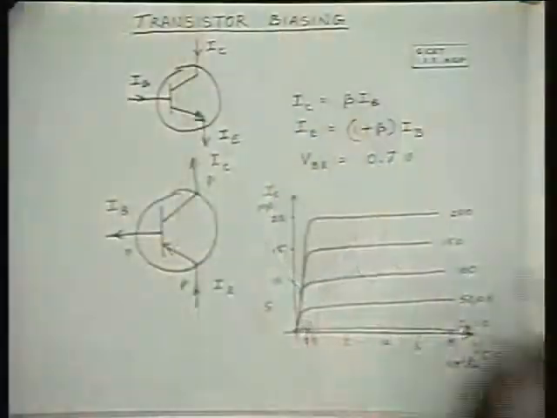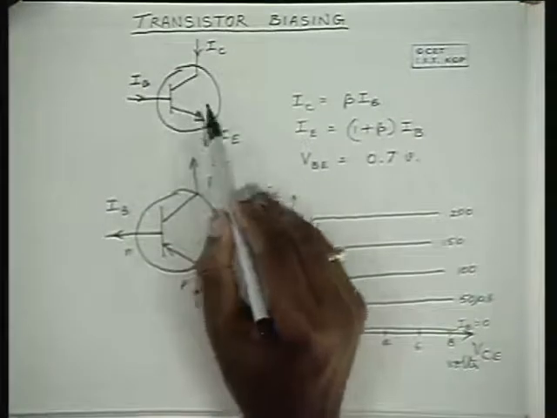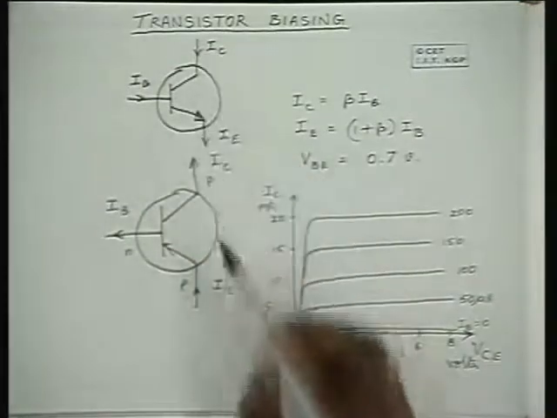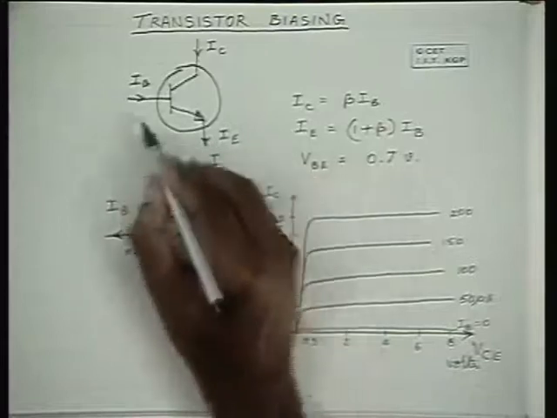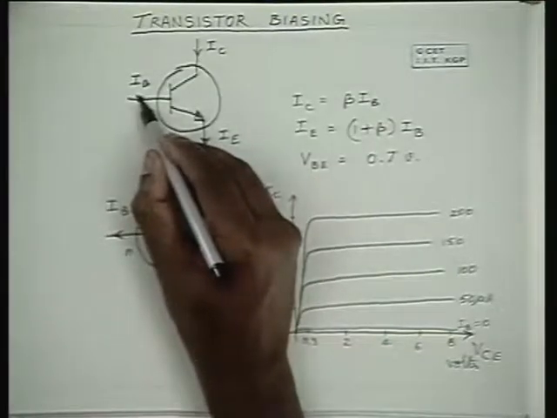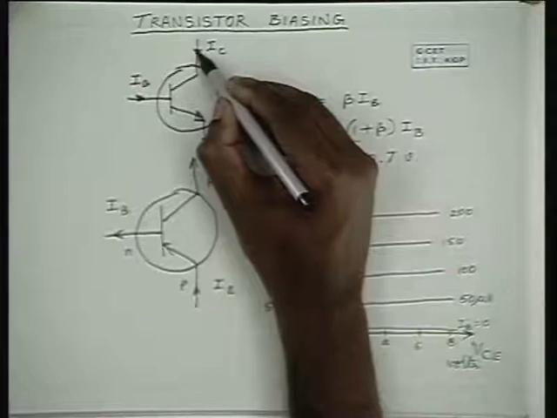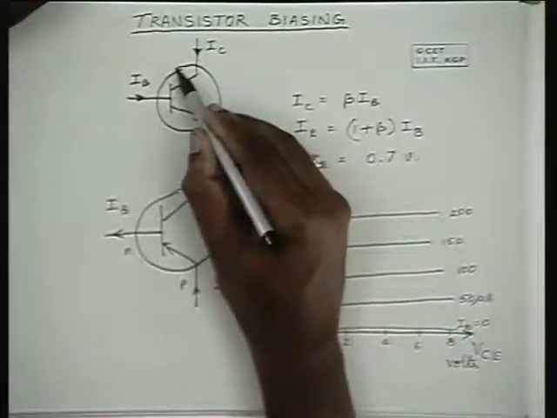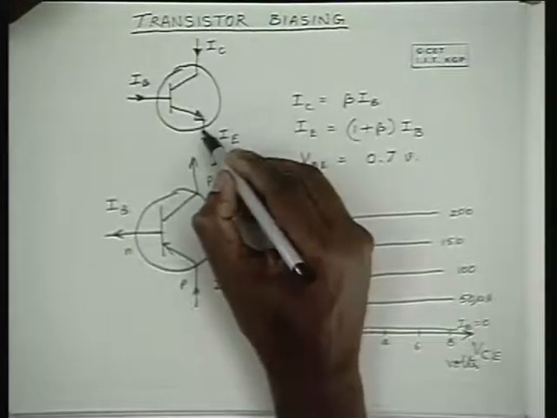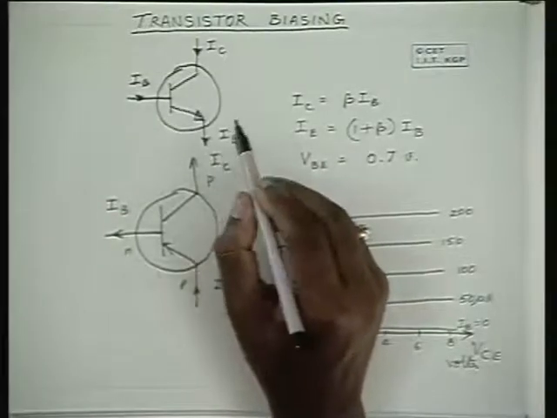Please look at this diagram. Please recapitulate that a transistor, either NPN or PNP, with this kind of notation, has the base current as the current going in, the collector current as the current coming into the transistor, and the emitter current as the current going out of the transistor.